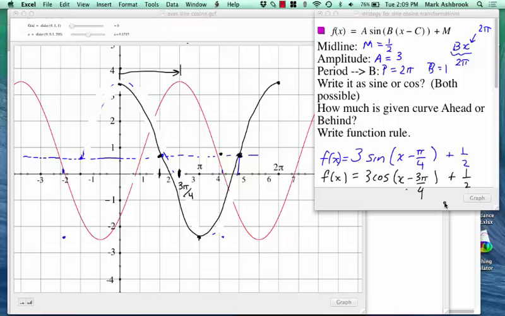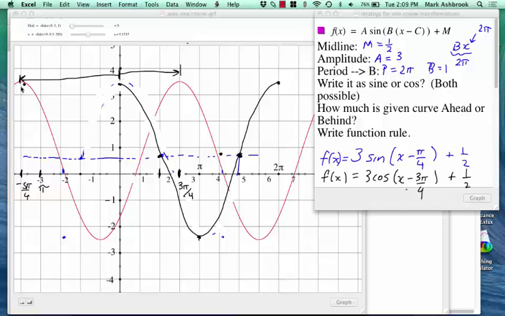Does it make sense? So there are other ways to do it. What about this? You could have done this for cosine. If we started with this cycle, I don't have a scale over here, so this is pi over 4, 1, 2, 3. This is pi. So this is negative 5 pi over 4 here.